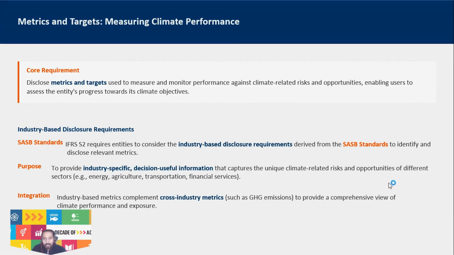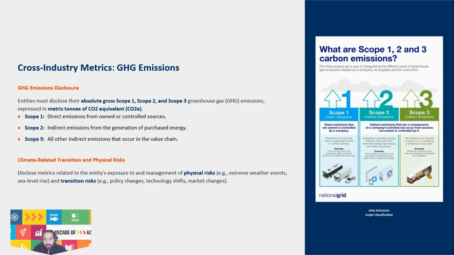So that provides a comprehensive view of climate-related performance and exposures for the metrics and targets. So the big one, of course, is the greenhouse gas emissions metric. So you must disclose absolute gross emissions in metric tons of CO2 equivalent. We'll see in phase 2 how scope 1 to 3 emissions can be calculated. We'll see the basics.